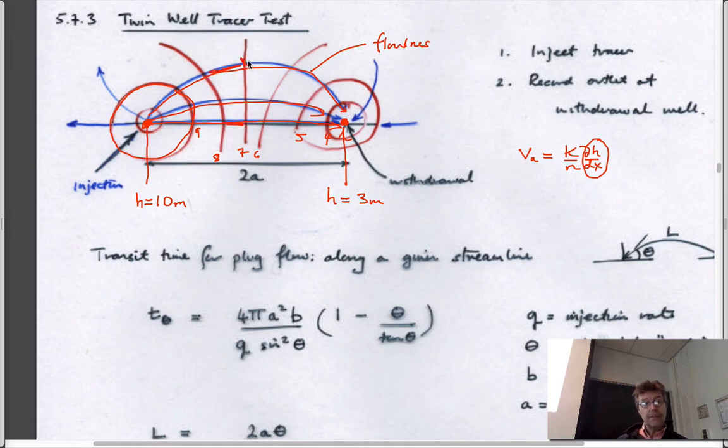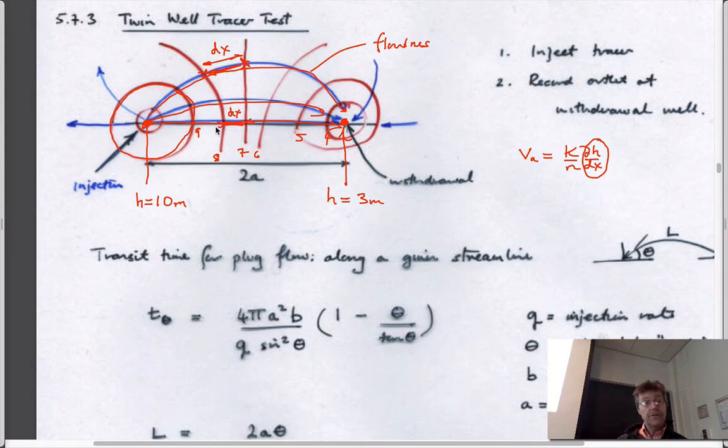They drop by the same amount as they go from upstream to downstream, but it occurs over a larger length, dx I guess we call it, versus this dx. And so this gradient has to be much larger. If this gradient is much larger than this one, then the velocity here has to be faster.